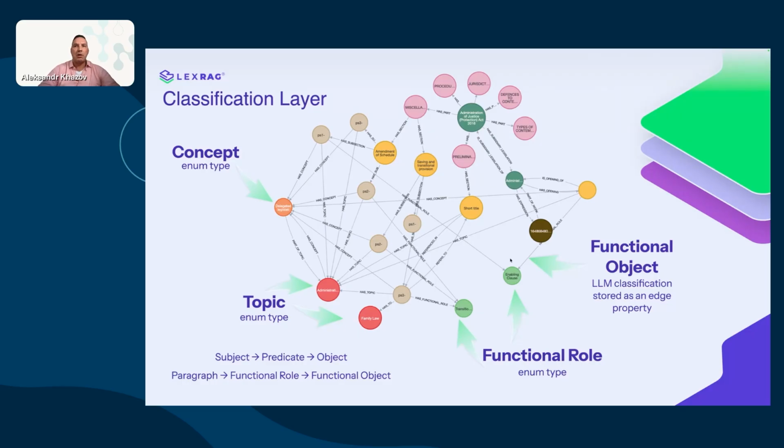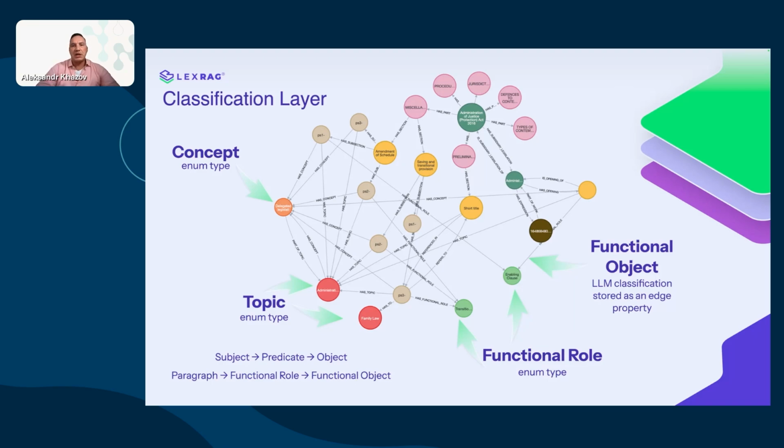So here we follow the rule of constructing the graph: subject, predicate, object, with the text of each paragraph being the subject, the functional role being the predicate, and the functional object being the real matter which this role is aimed at.